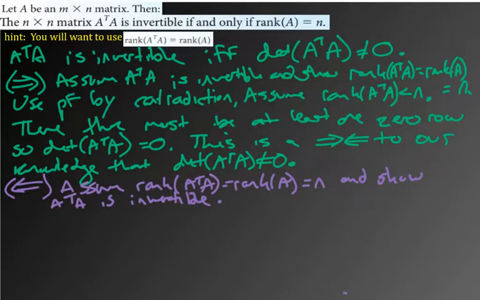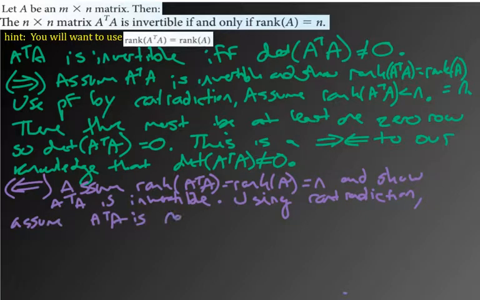All right. And we're going to use contradiction again. So using contradiction, assume A transpose A is not invertible, which would imply that the determinant of that matrix is equal to 0.